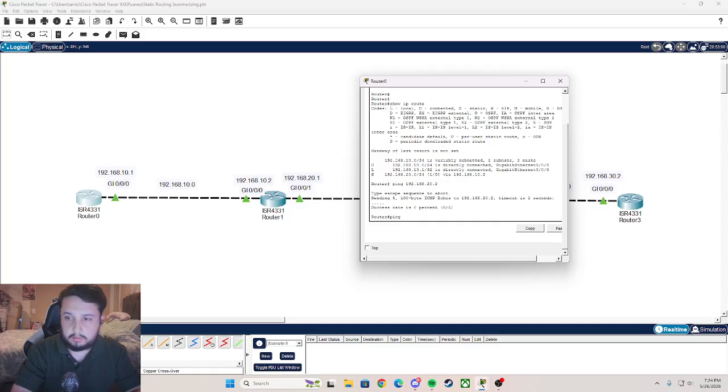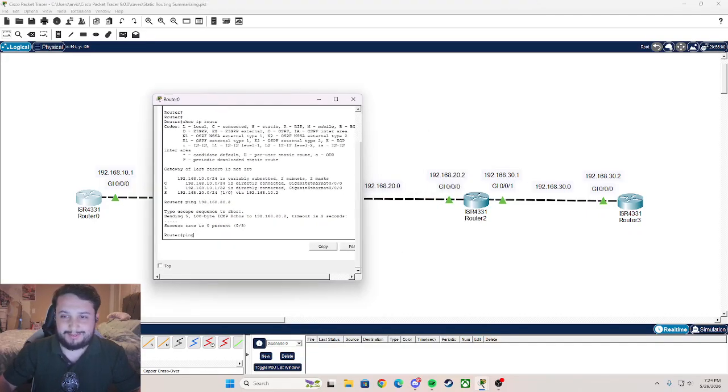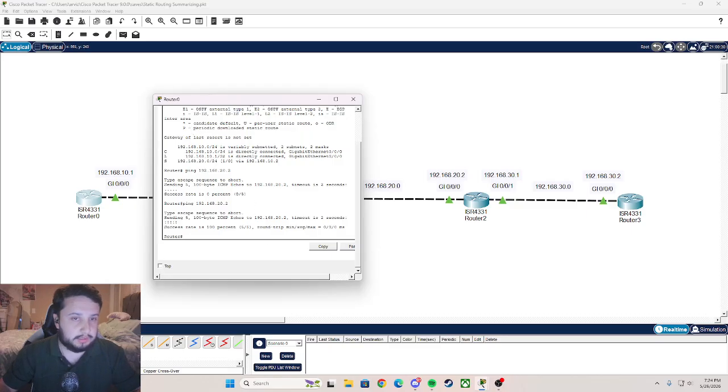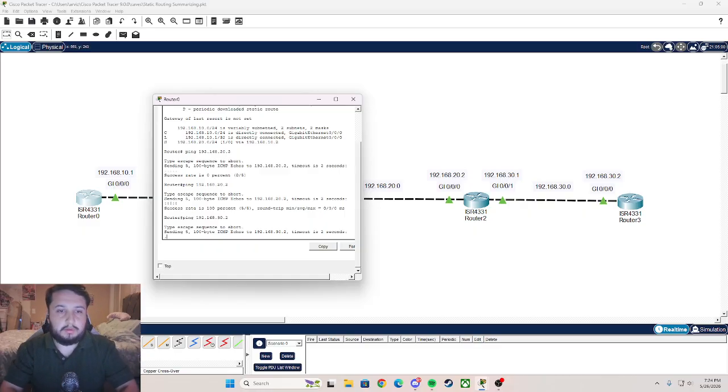Let me now ping router 3 to see if I'm able to communicate there. It should fail because there's no protocol in place yet.